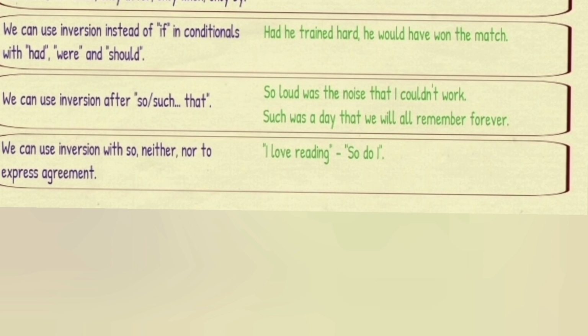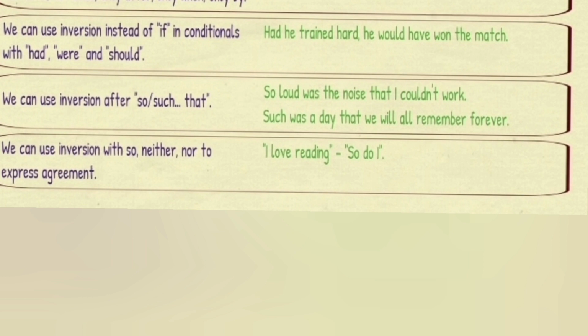Another example: such was the day that we will all remember forever. So it can start with so plus adjective, or so plus auxiliary. Here we have was.